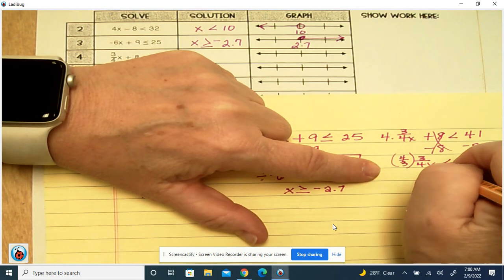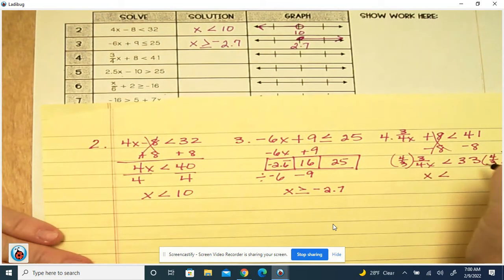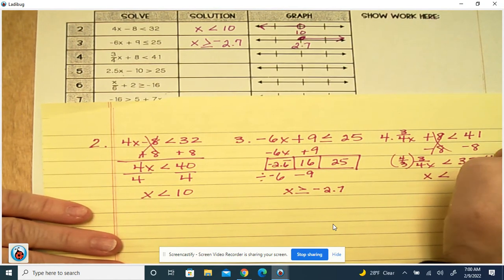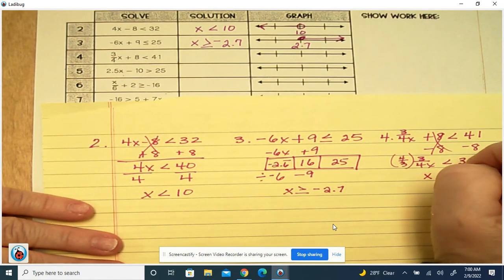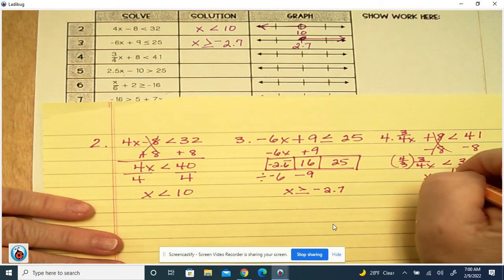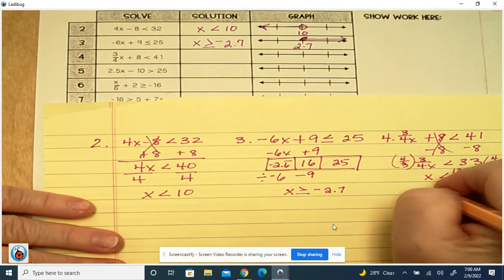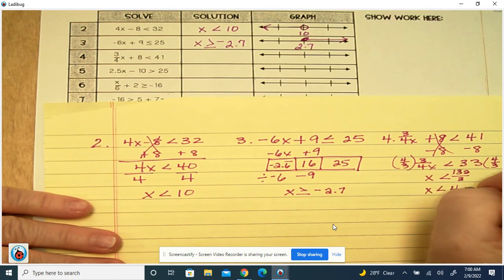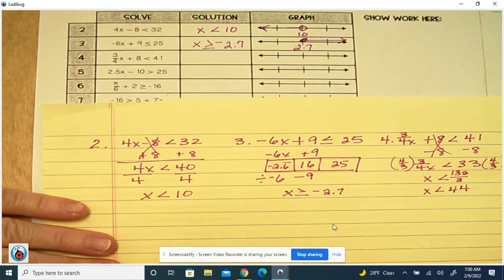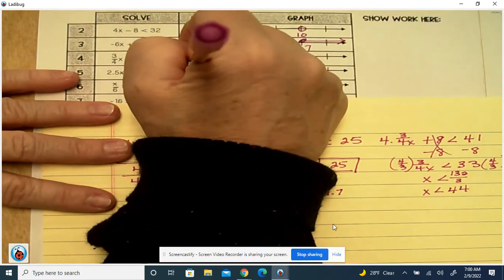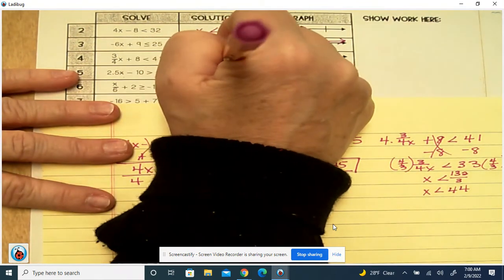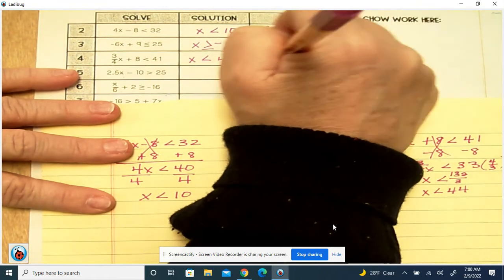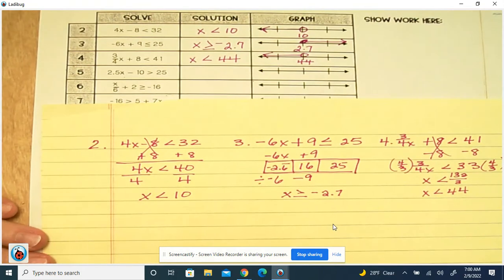So we've got x is less than 4 times 33 is 132, divided by 3. And then x is less than 44. Okay, so number 4, x is less than 44. Got 44, an open circle shaded to the left.